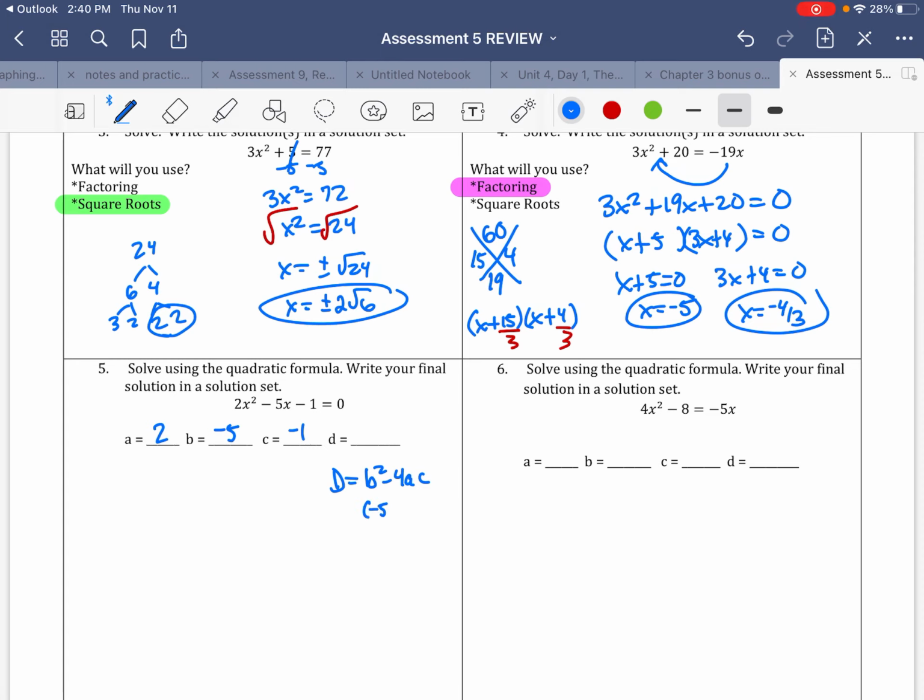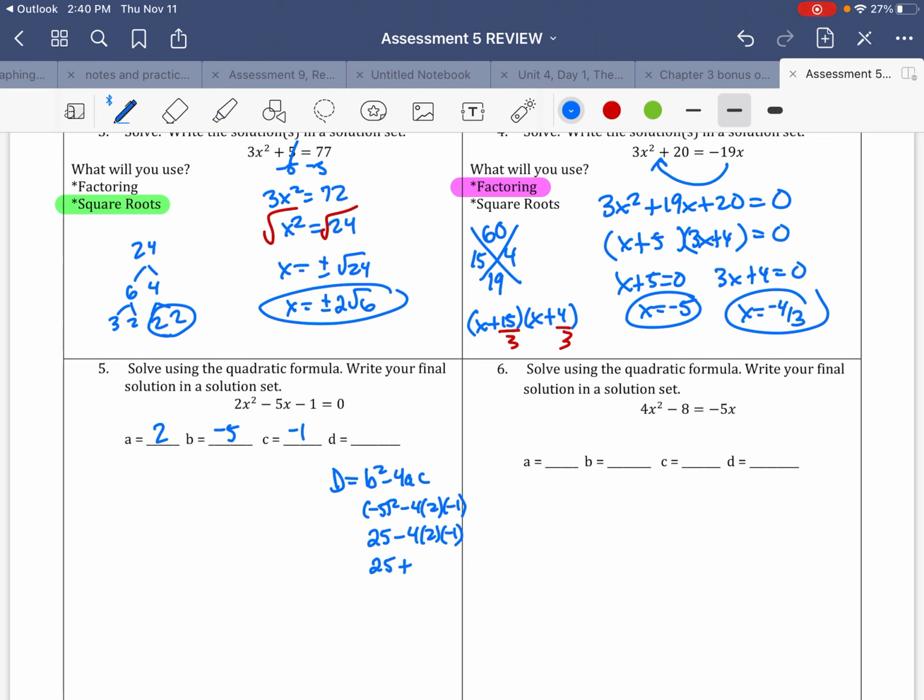So let's just figure that out now. B squared, so I got negative 5 squared minus 4. A is 2. C is negative 1. All right, so I got 25 minus 4 times 2 times negative 1. So you can pop that in your calculator or realize that it's 25. A negative 4 and a negative 1 will be a positive, and then 4 times 2 times 1 is 8.